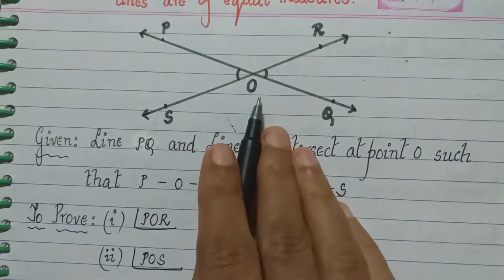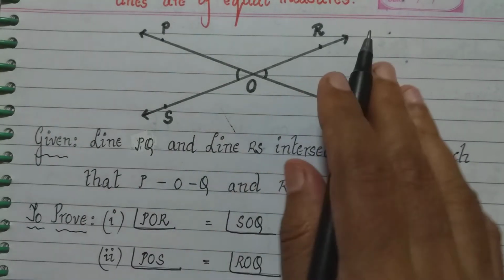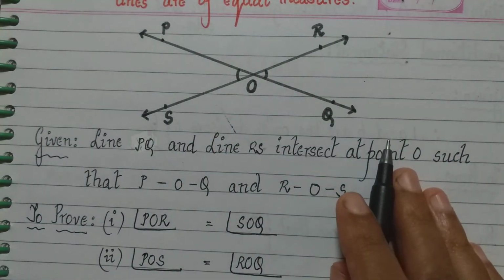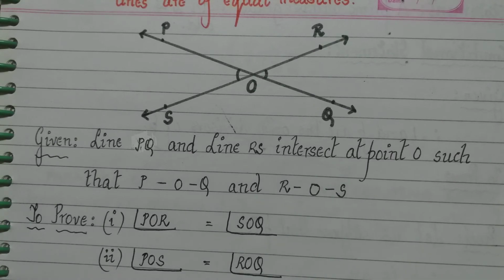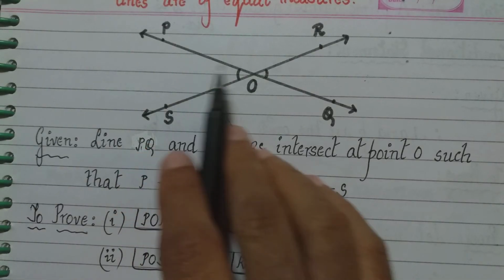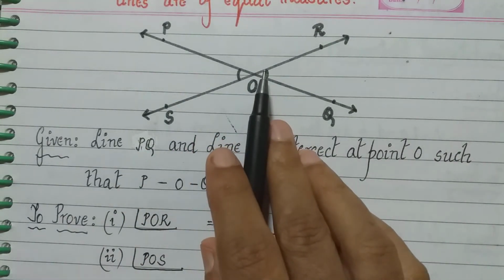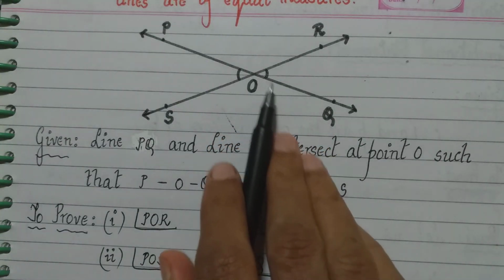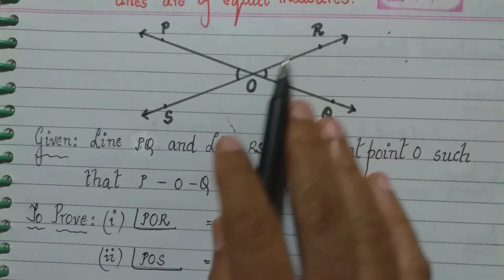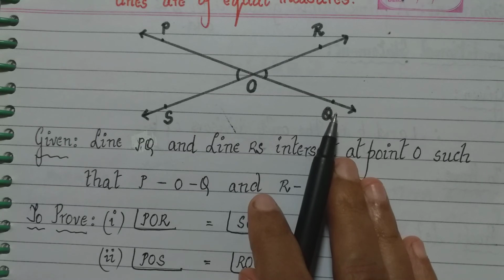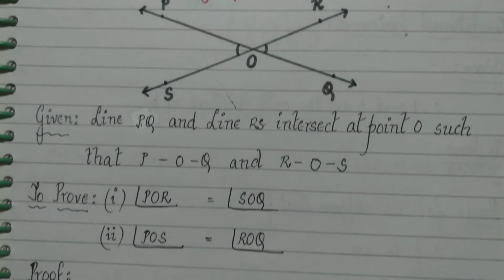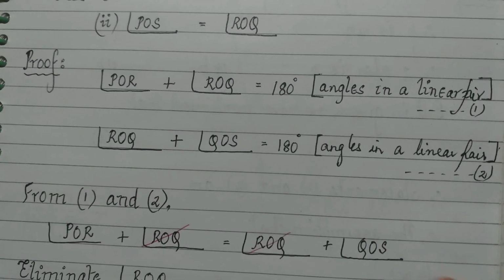Similarly, we can also prove that angle POS is equal to angle ROQ. Since the steps are similar, to prove that the other pair of opposite angles are also congruent, we just write similarly.